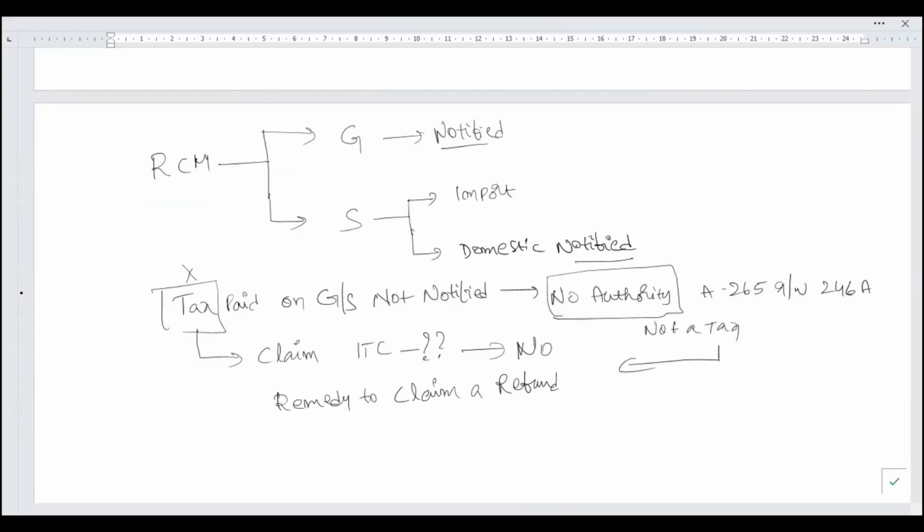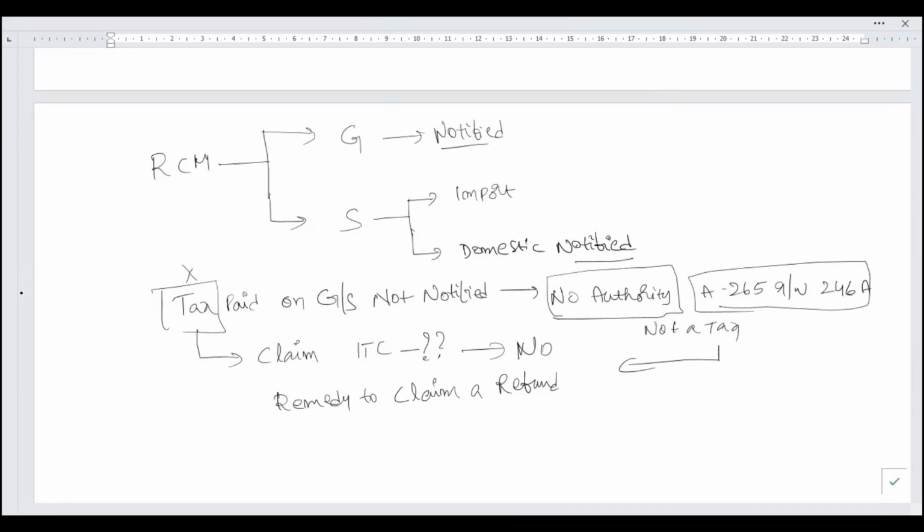Now, when we say claim a refund, we have to write to the GST officer that, look, under Article 265, read with Article 246A, you don't have the authority to collect tax. So as a state, as the central government, as a union territory, when you don't have the power, what I have paid to you, how can you retain that? You have an obligation to give it back to me.